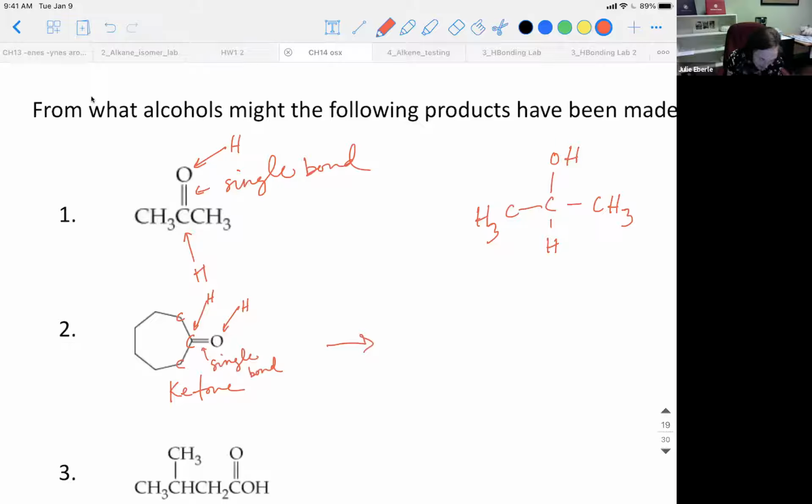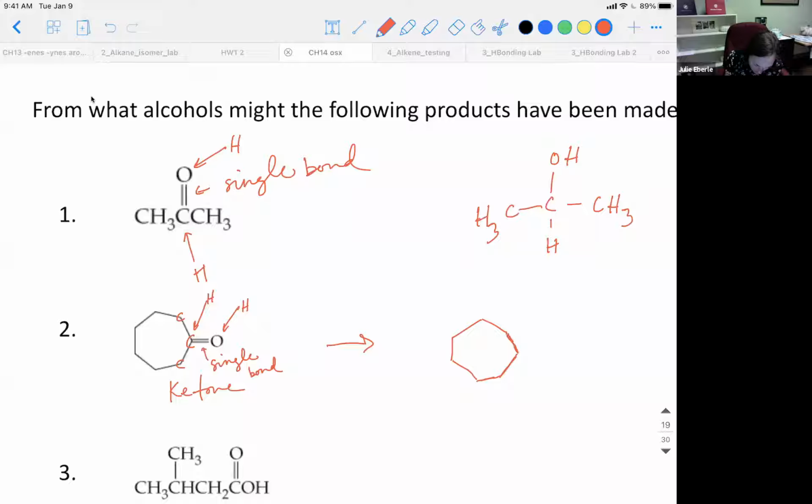Okay, this is a cyclic 7 carbon structure. These are the hardest for me to draw. I hate drawing cyclic structures with 7 carbons, but we can do it. I think that's 7 carbons.